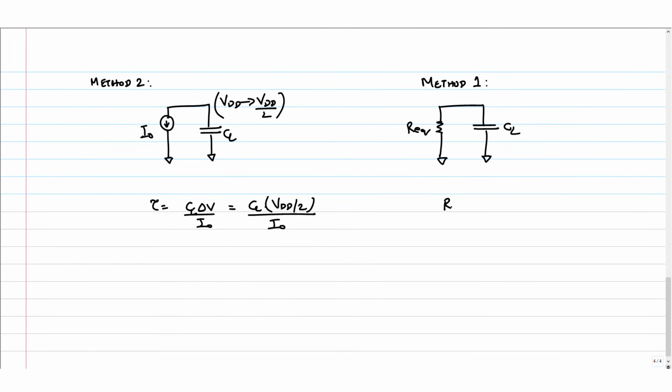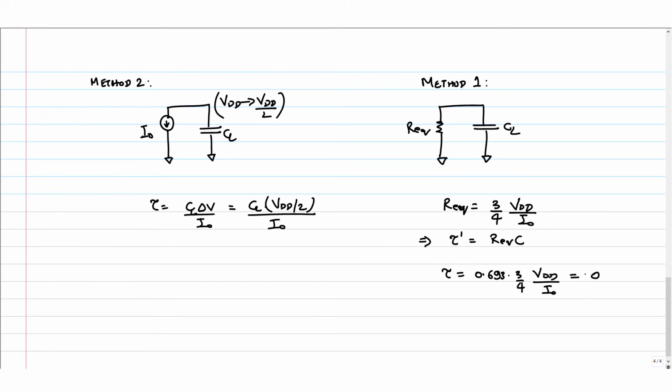Here the R equivalent was 3 by 4 VDD by I naught, which implies that the time constant of this RC network, let me call it tau prime, is R equivalent into C. Now the delay of this thing to come from VDD to VDD by 2 is 0.693 times the time constant. So this is 0.693 into 3 by 4 VDD by I naught, right.